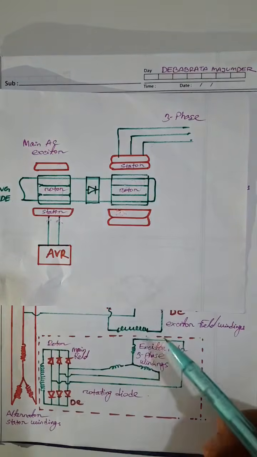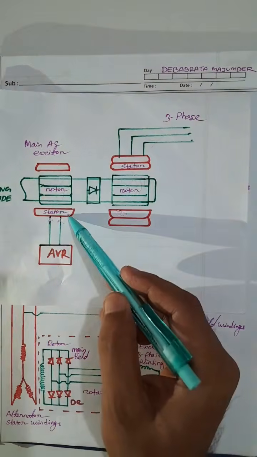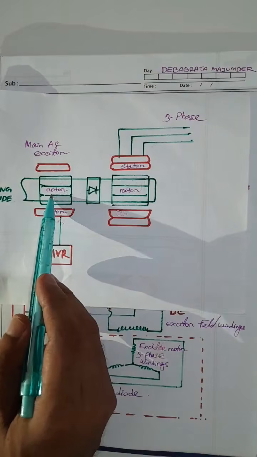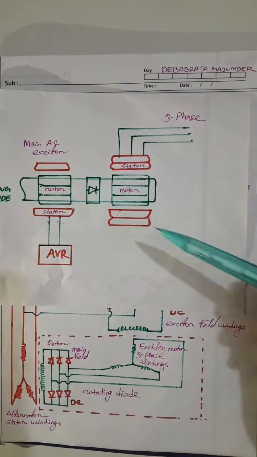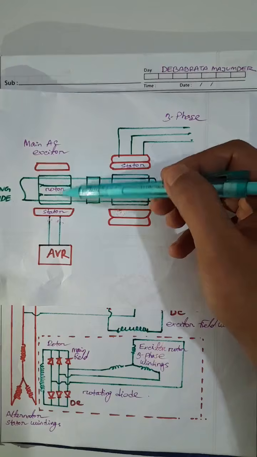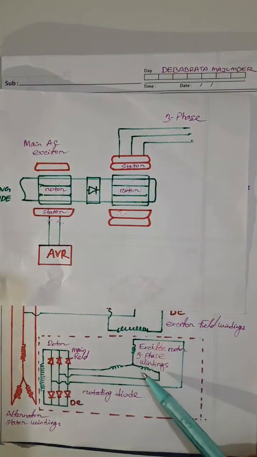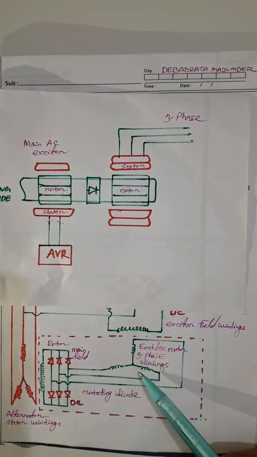Again I am telling, as DC voltage is applied here and this part is rotating, that's why AC current is induced in the rotor windings. AC current will be induced in the exciter rotor three-phase windings.